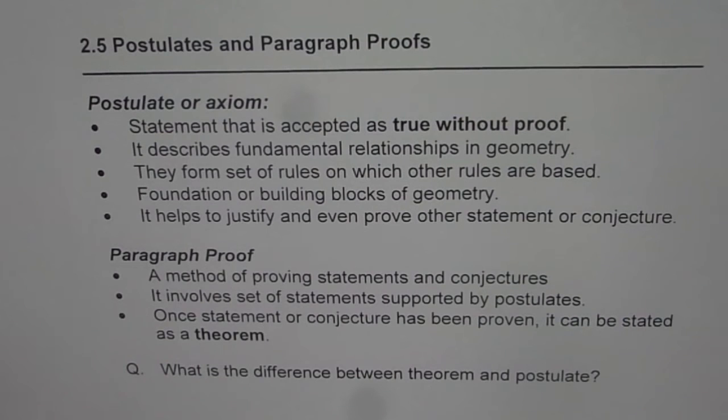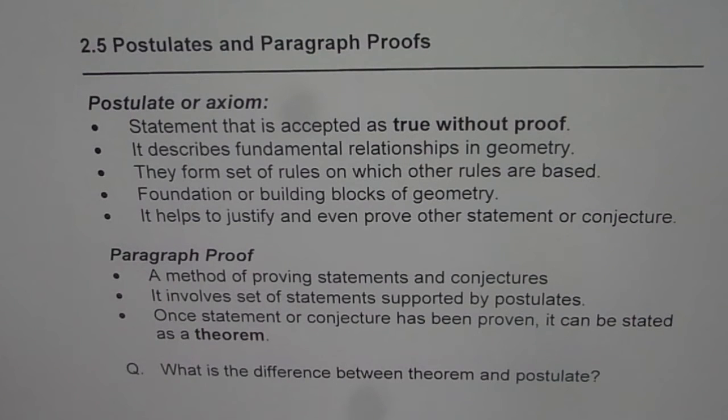Now they form a set of rules on which other rules are based. These postulates are also the foundation or building blocks of geometry, and they will help us to justify or even prove other statements or conjectures, right? So we'll use these postulates to prove other statements or conjectures. Once we prove them, then they become a theorem.